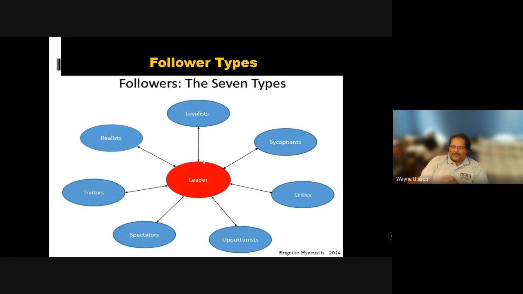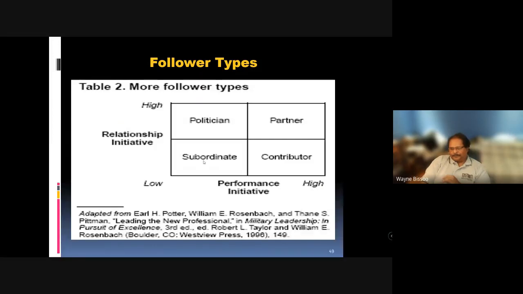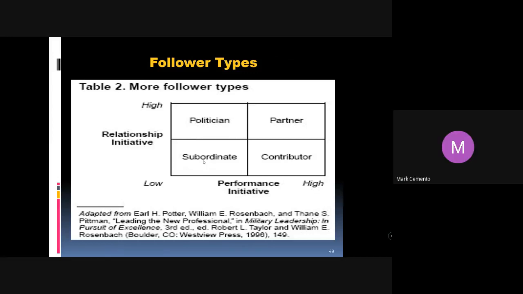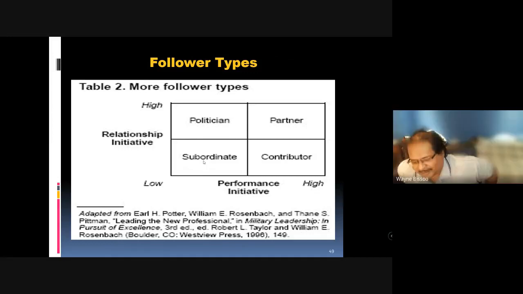And it's not always going to be the partner. Why would the partner be a problem? For some leaders, they might feel threatened. Yep. Partners, especially for somebody who is insecure in their leadership position, a partner can be somebody who may challenge your position of authority.